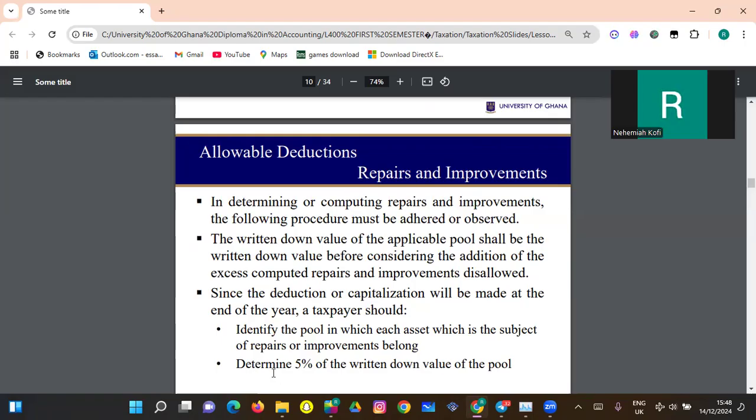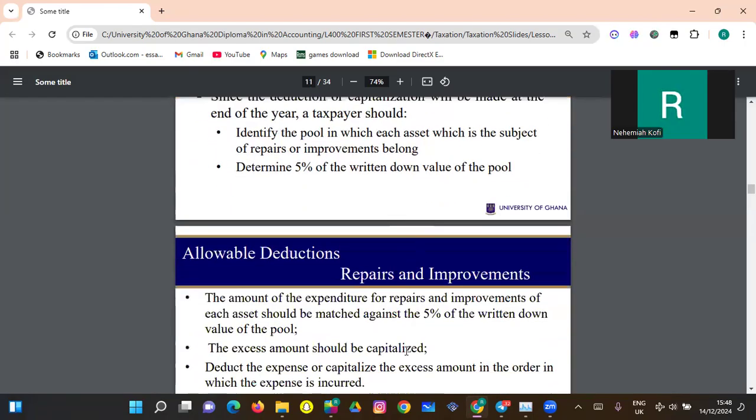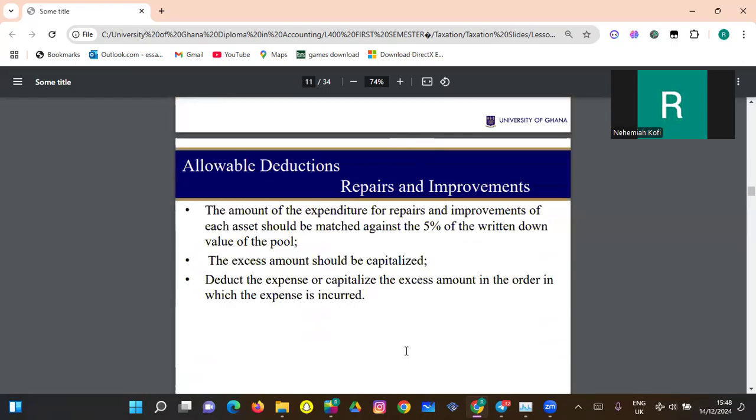Then we determine the 5% of the written down value of that pool, right? The amount of the expenditure for repairs and improvements of each asset should be matched against the 5% of the written down value. The excess amount should be capitalized, right?